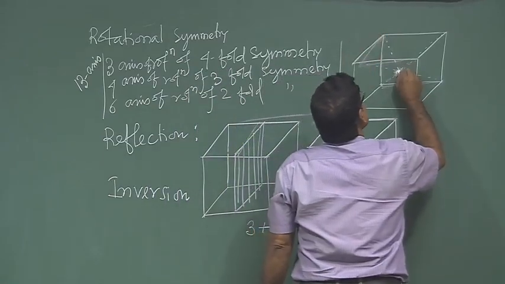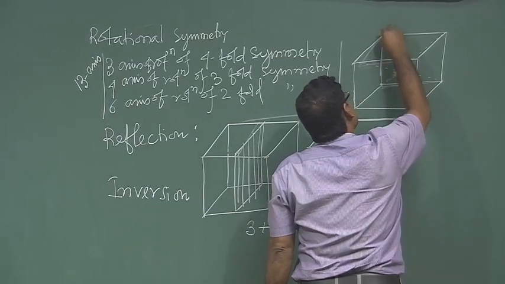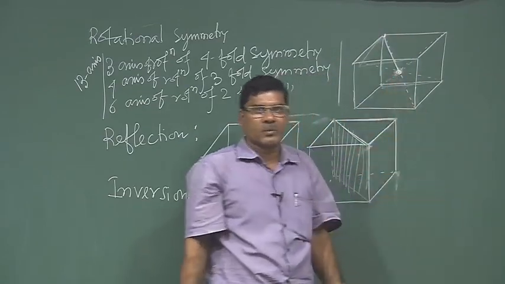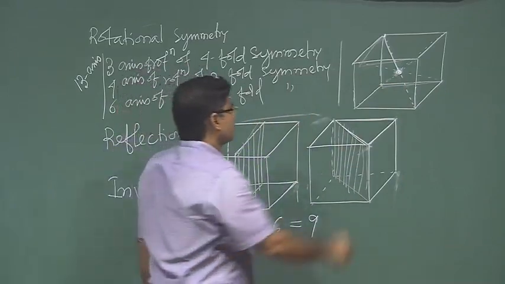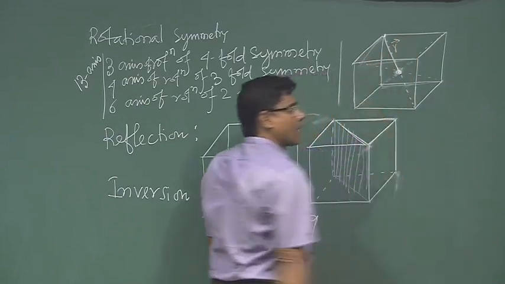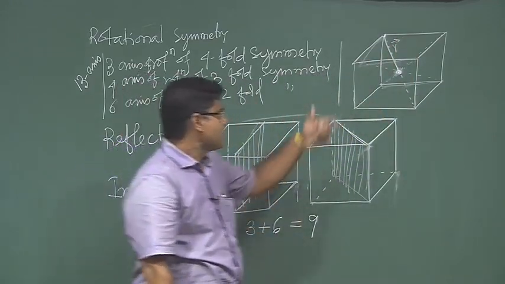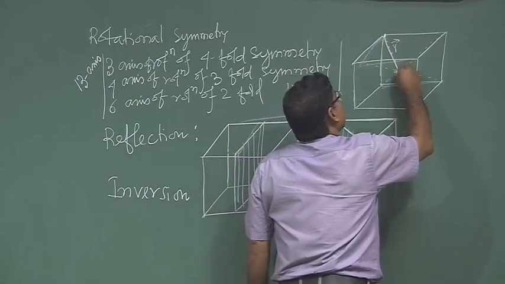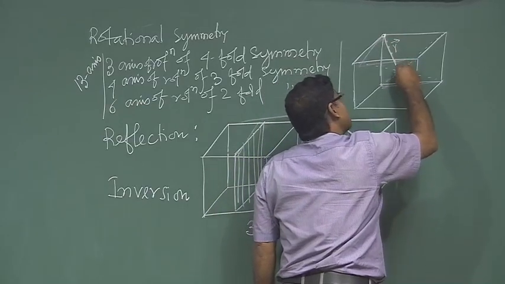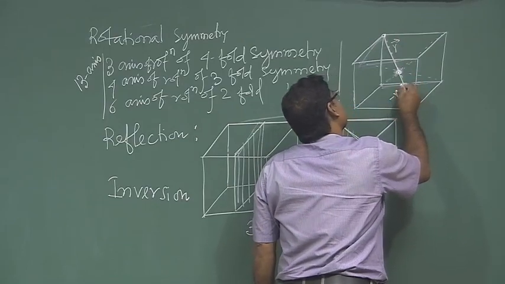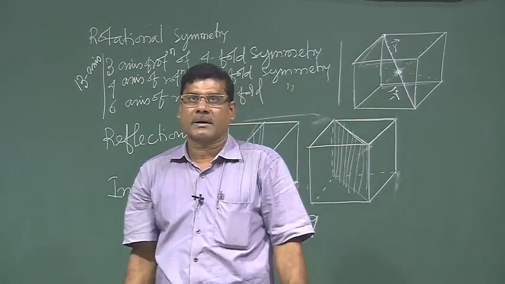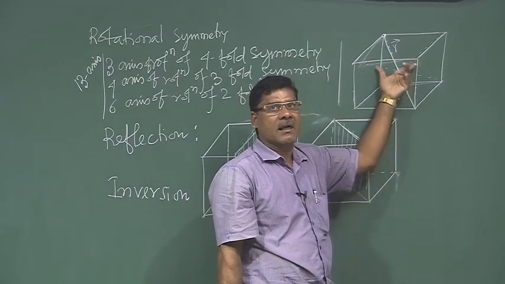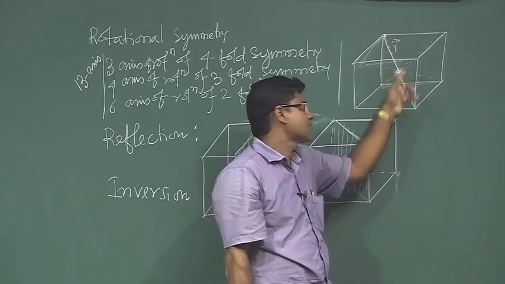If you take a vector joining this lattice point with this point, if this vector is R, then in this crystal, if there is a lattice point exactly at minus R, then we will say this crystal has inversion symmetry with respect to this point.